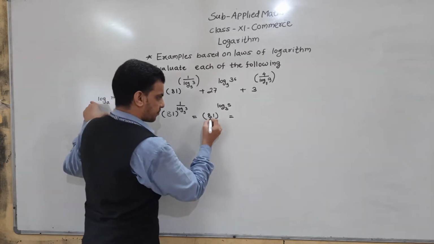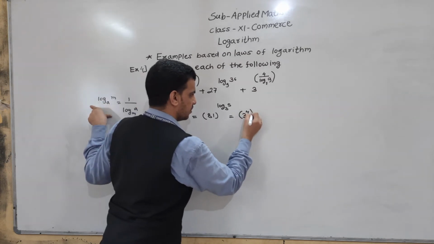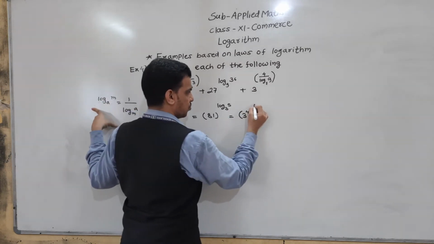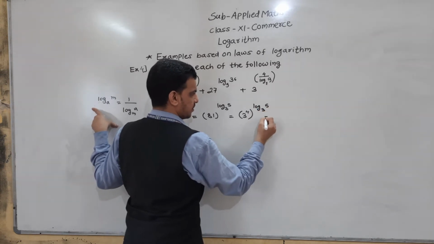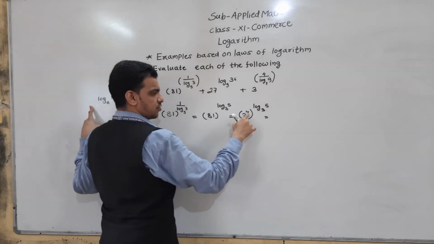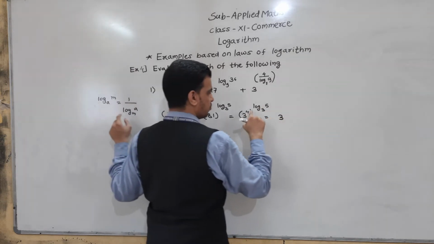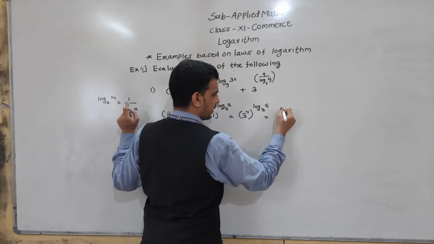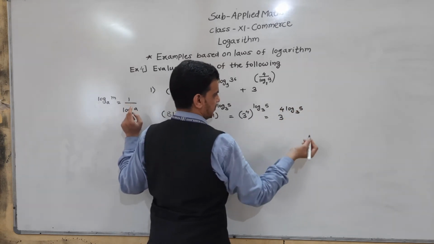Now 81 we can write as 3 raised to 4, raised to log of 5 to the base 3. Now a raised to m raised to n, we can write as a raised to mn. So 4 into log of 5 to the base 3.